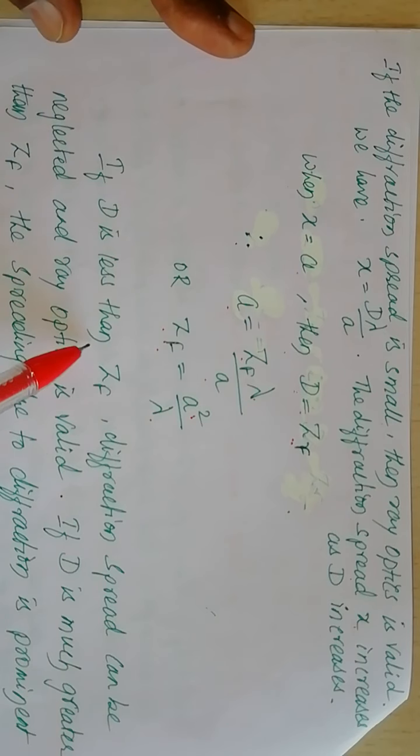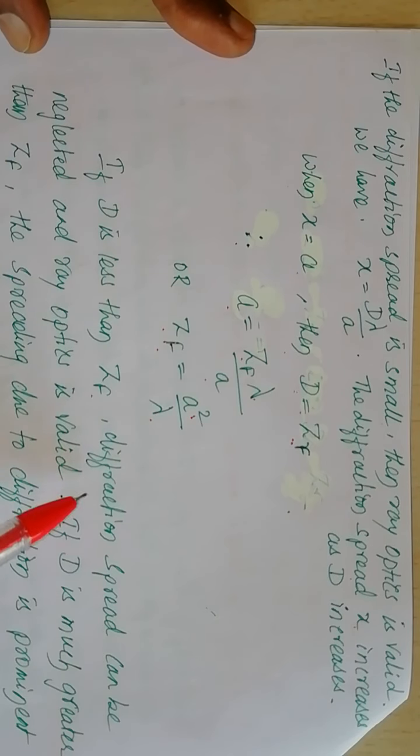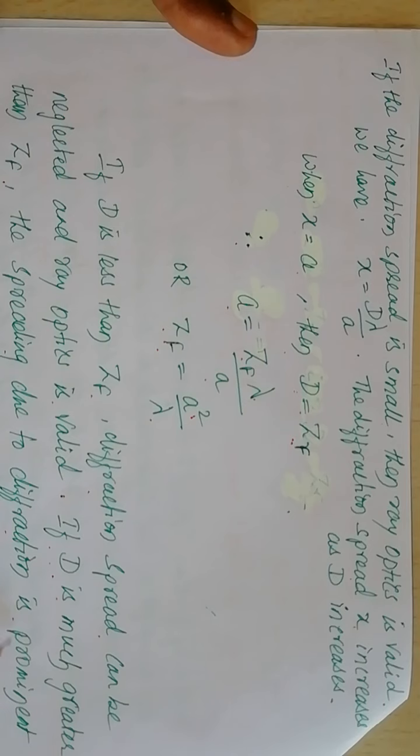If D is less than ZF, diffraction spread can be neglected and ray optics is valid. If D, the screen distance, is much greater than ZF, the spreading due to diffraction is prominent and ray optics is not valid.